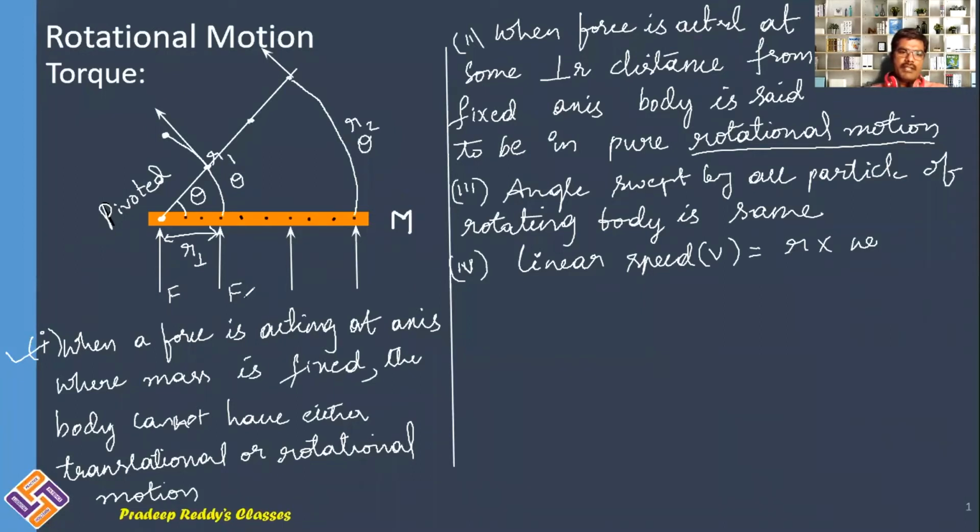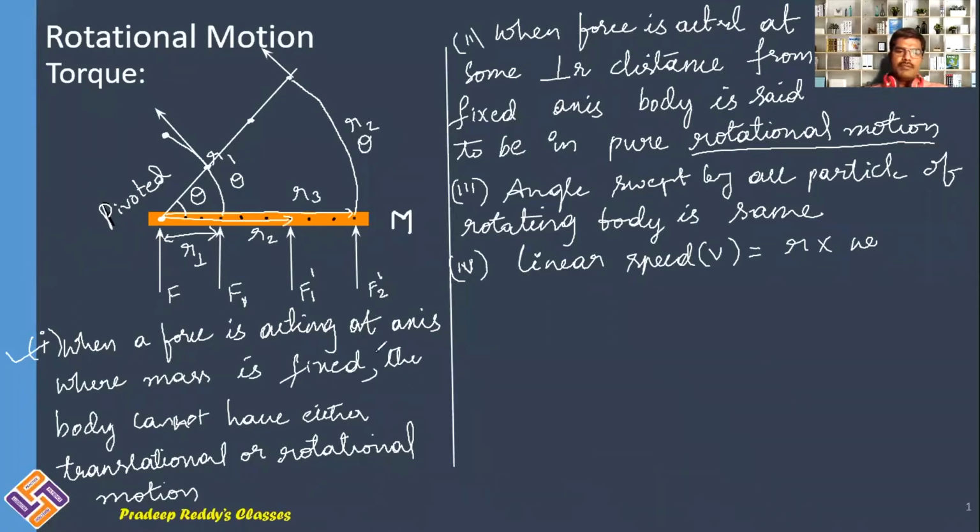So let me consider this is F1, this is F1 dash, and this is F2 dash, and this is R1. Let me consider this perpendicular distance is R2, and this perpendicular distance is R3.